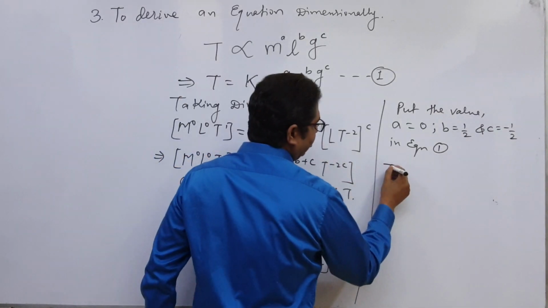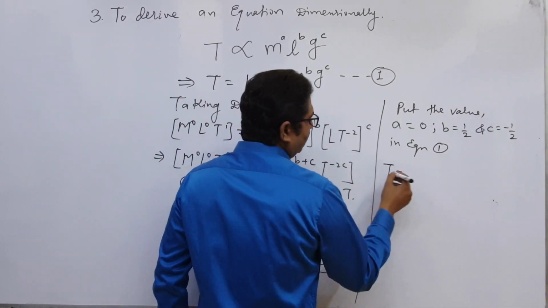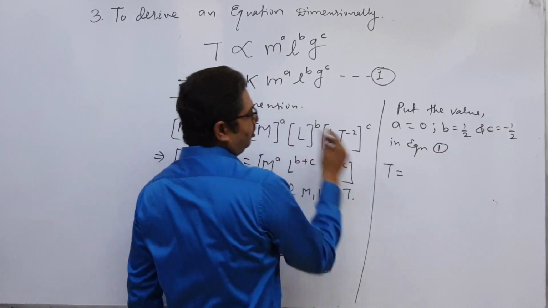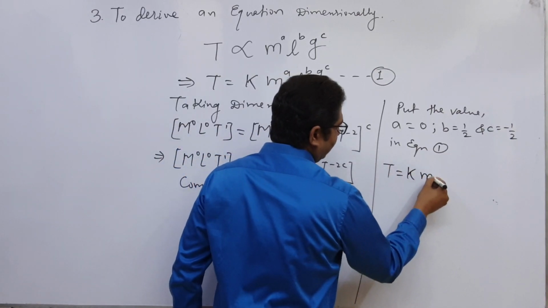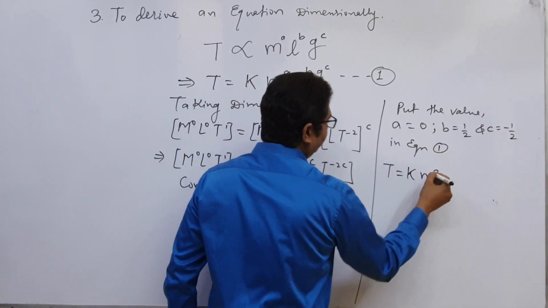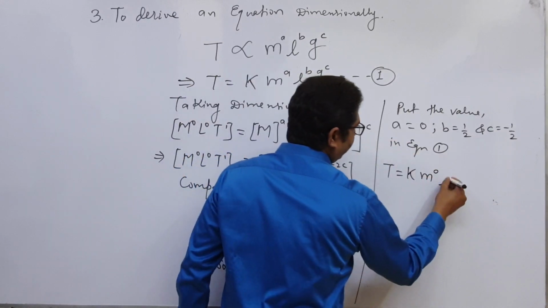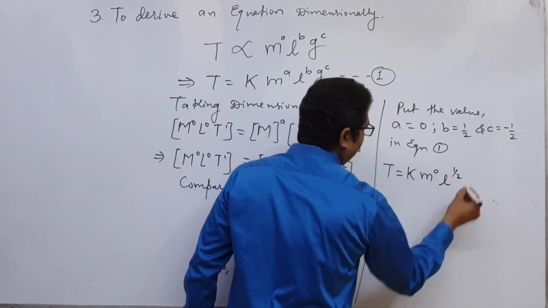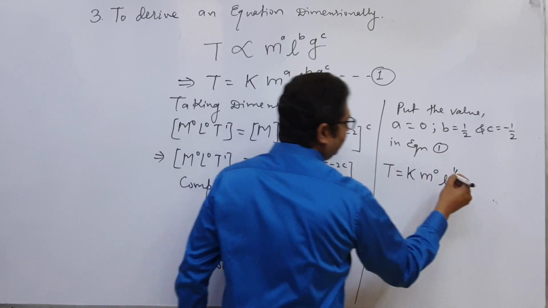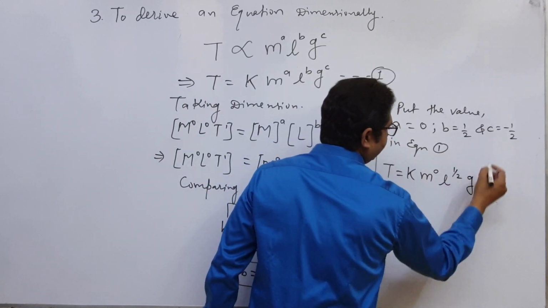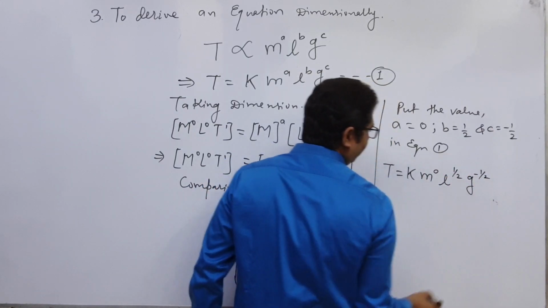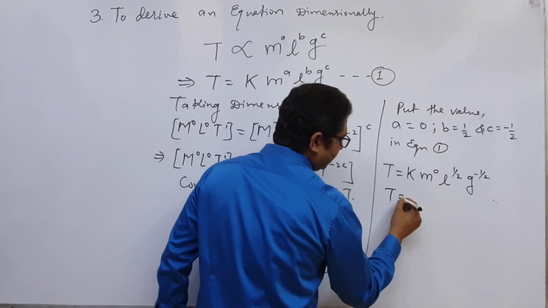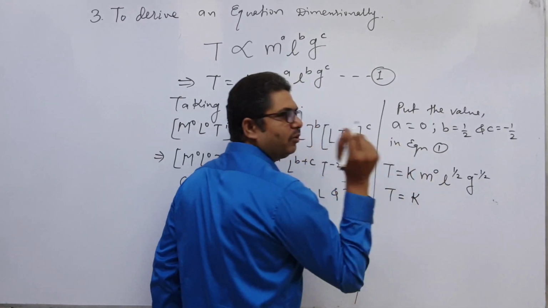So what do you get? T equals K, m to the power a is 0, l to the power b is half and g to the power c is minus half. So from here you can say K, m to the power 0 is 1.